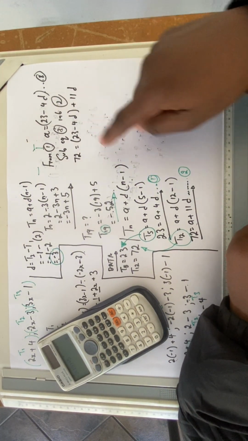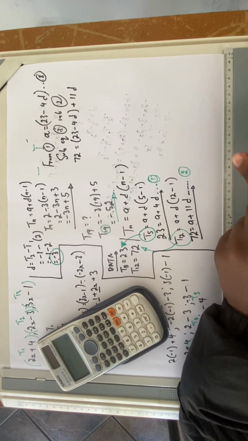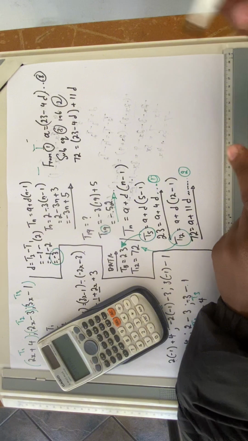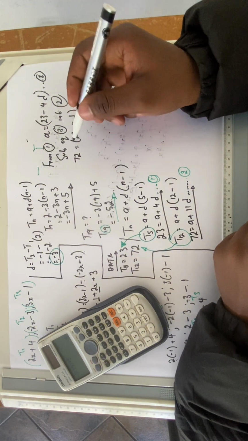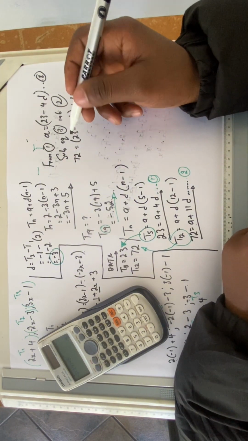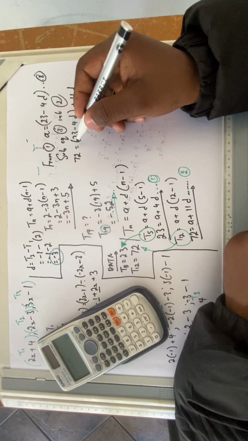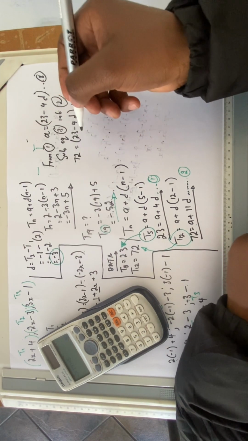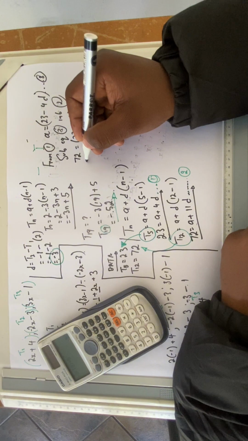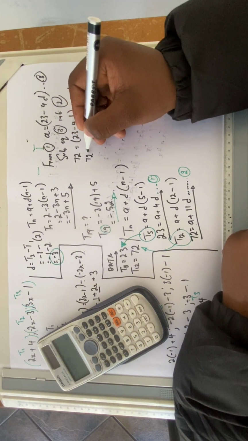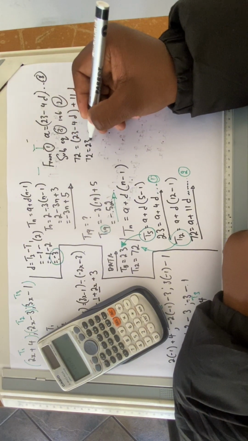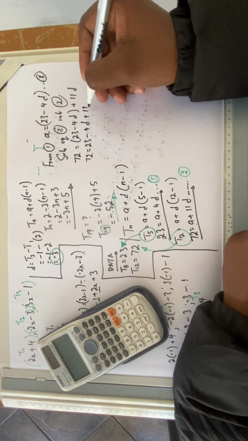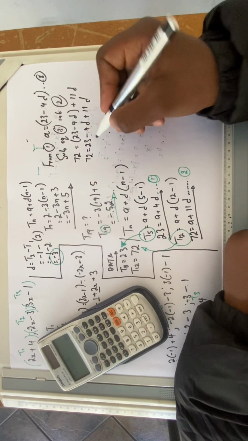Fine. Now I have an equation like that one and I need to solve further. So I'm going to break the bracket with whatever is in front of the bracket, which is a positive. A positive next to the bracket will not change the bracket. So I end up with 72 equated to 23 minus 4D plus 11D.